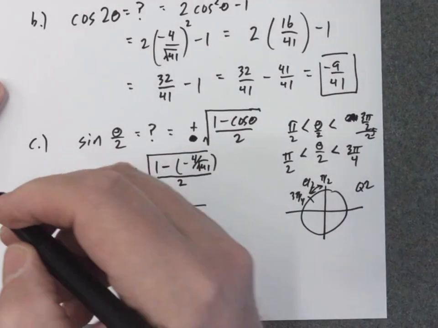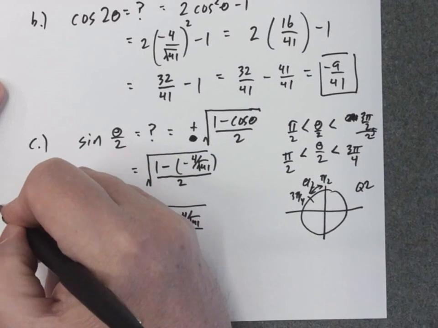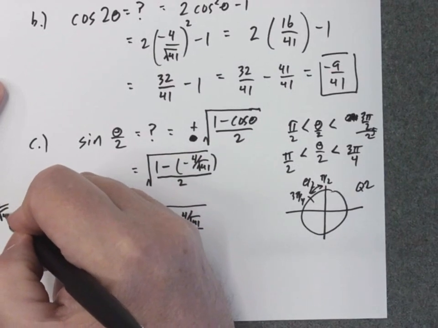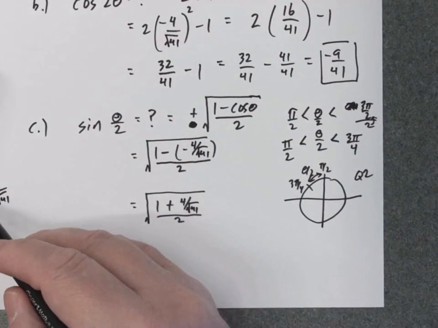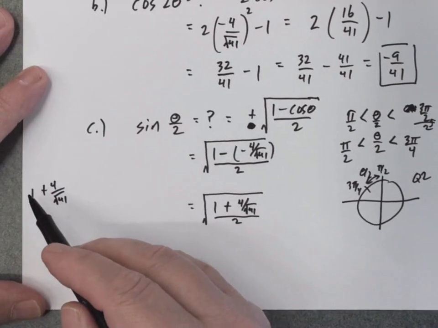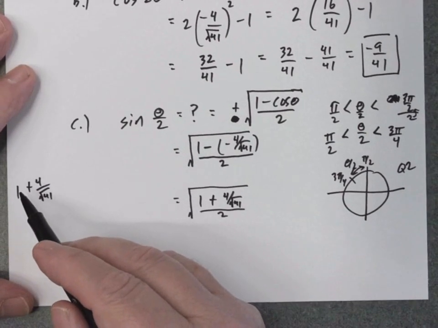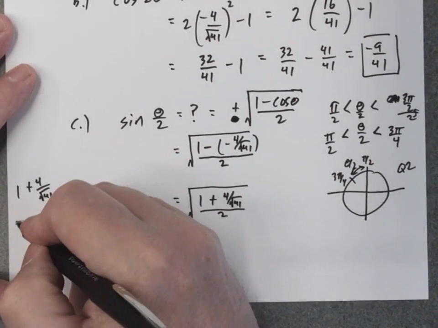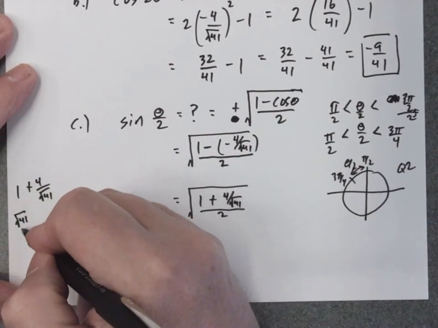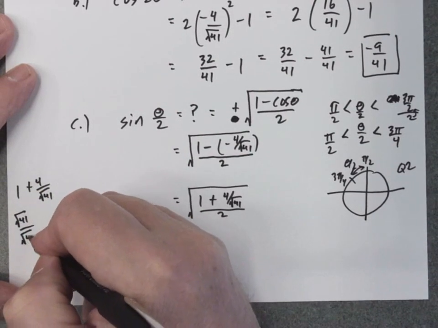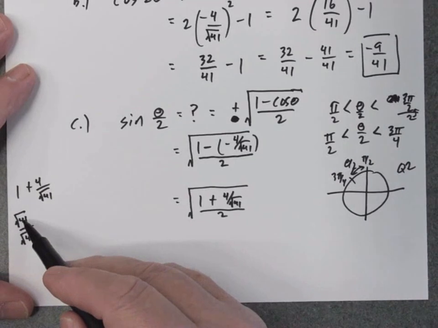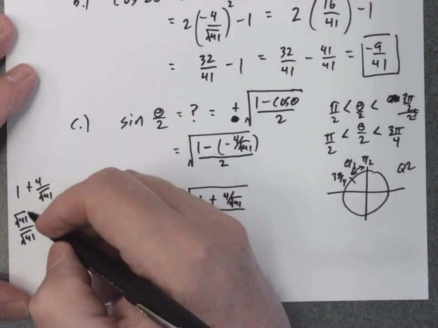Maybe I'll just take the time, because this can get sort of messy. Because what I have to do to add these together, I have to have a common denominator. So 1 I'm going to convert into square root of 41 over square root of 41.